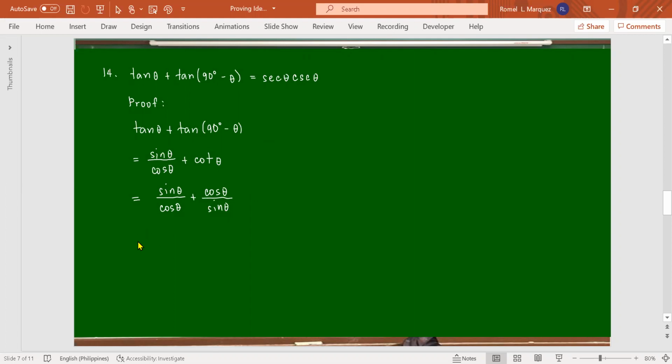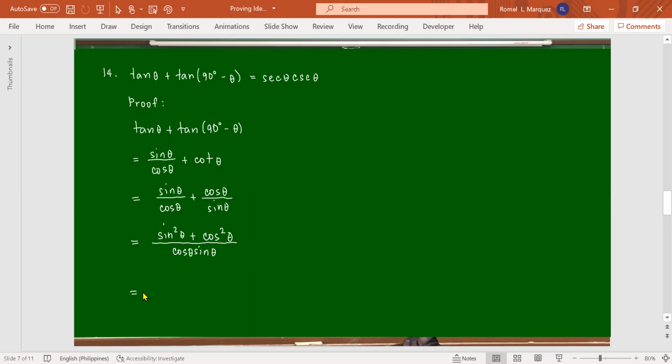I'll get the LCD. The LCD is cosine theta sine theta. When you divide by cosine, I'll get sine times sine, sine squared. Similarly here, cosine sine divided by sine gives cosine times cosine, cosine squared theta. So all over cosine theta sine theta.